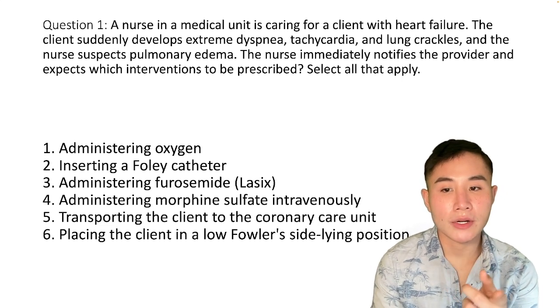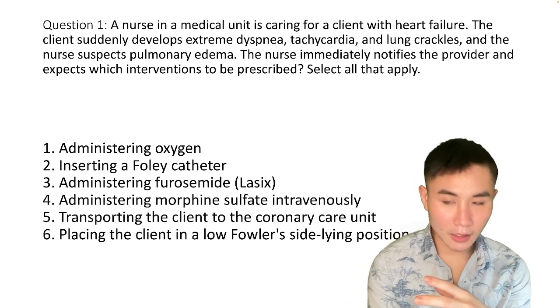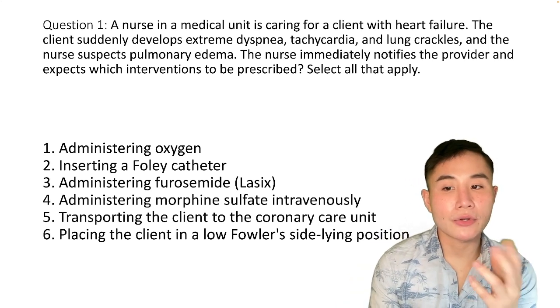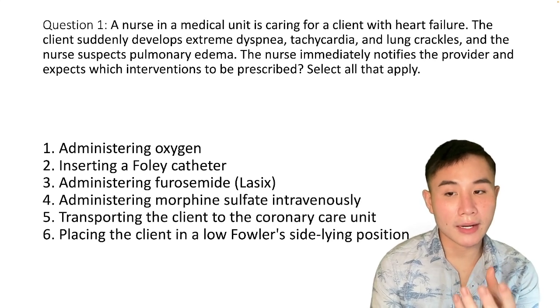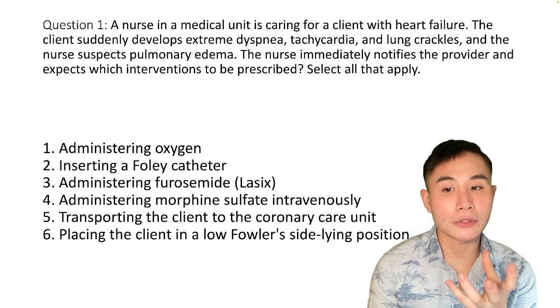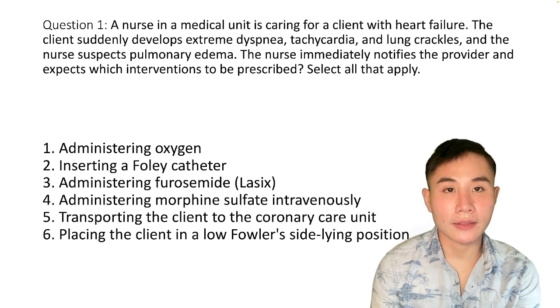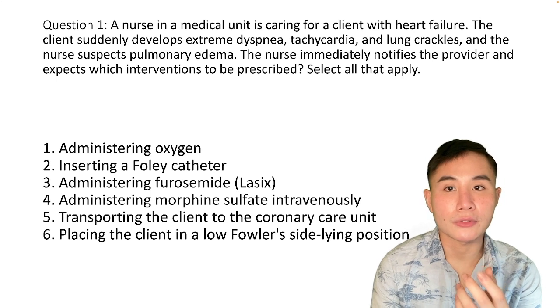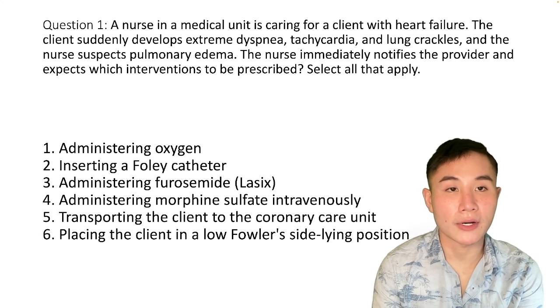Next, inserting a Foley catheter, I say yes, but usually inserting a Foley catheter is to accurately measure the urine output, right? Usually we put a Foley catheter in patients who take Lasix, so we know exactly how much urine output is being produced.